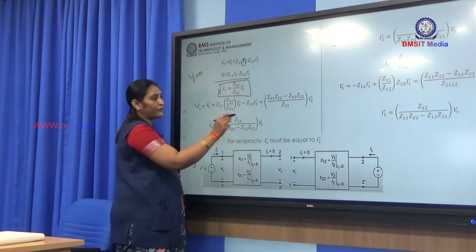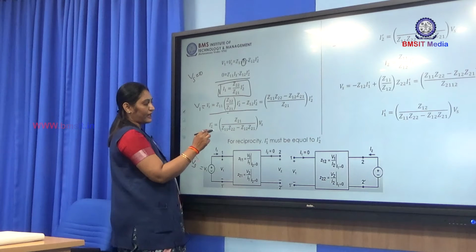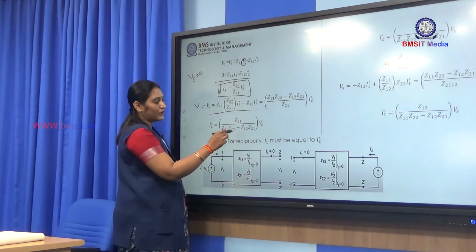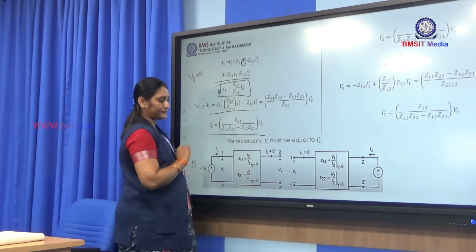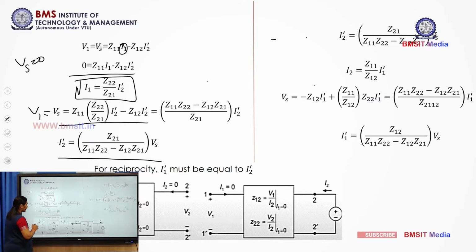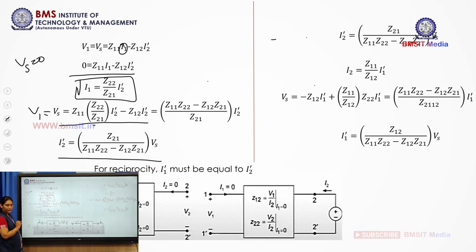By simplifying we get I2 dash as Z21 by Z11 Z22 minus Z12 Z21 into Vs. For the reciprocity, I1 dash must be equal to I2 dash. So now we have found I2 dash. Next we will find I1 dash.